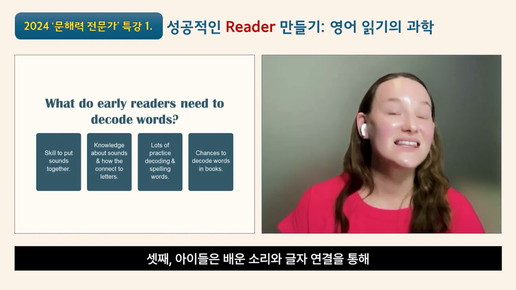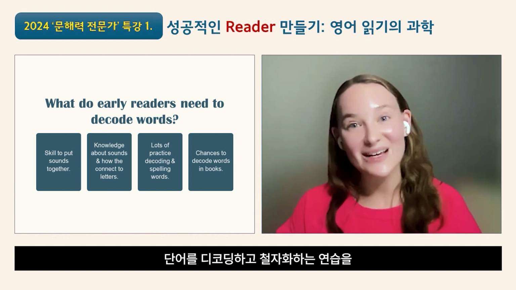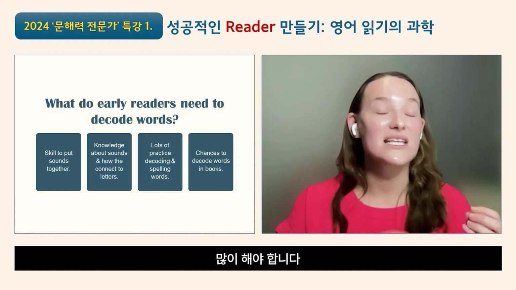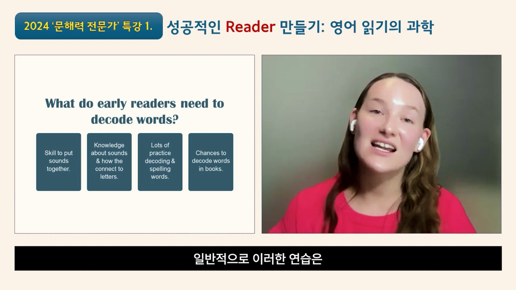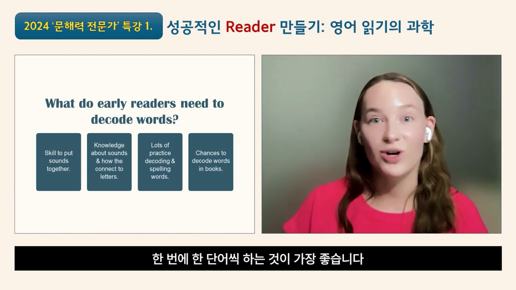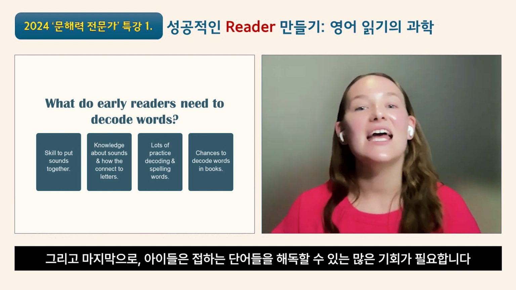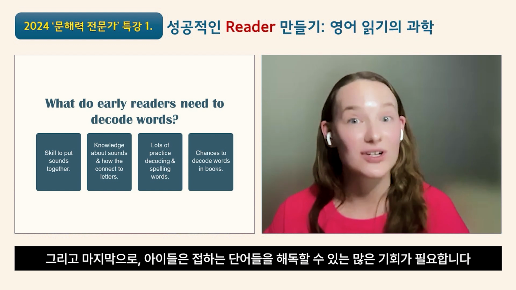Third, they need lots of practice decoding words and also spelling words with those sound-letter connections that they've just learned. This kind of practice is typically best when it's just one word at a time. And finally, they need a lot of chances to decode words in books.